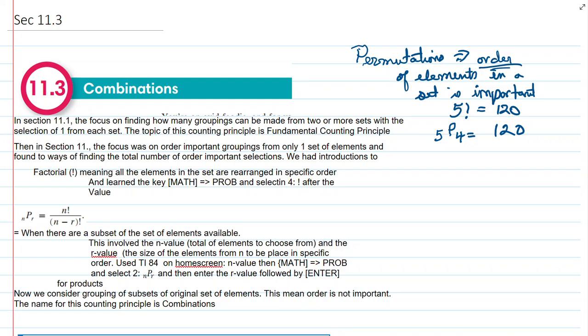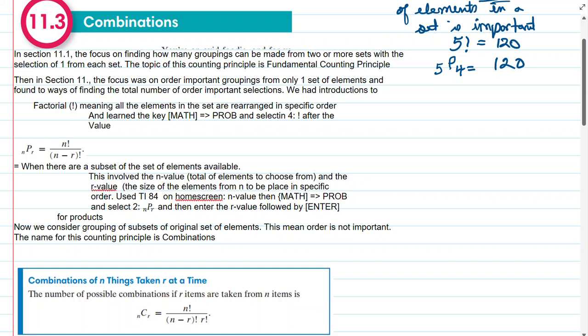So in combinations, we talk about subsets on a screen, and these are groupings. The order is not important because we have groupings when there is no hierarchy of the listing.